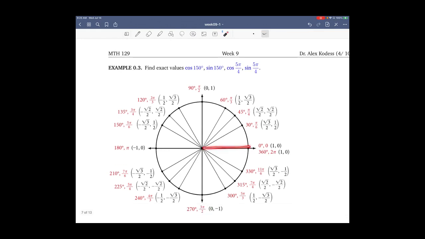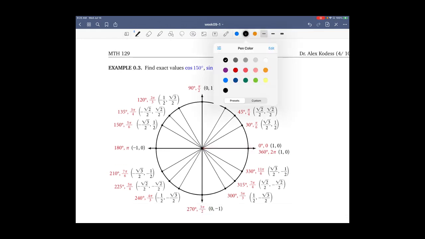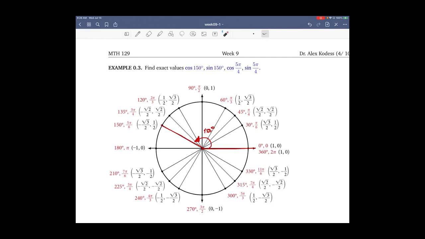Here is this angle. Clearly, we see that the reference angle is 30 degrees because the shortest positive acute angle between the terminal side and the x-axis is this one.